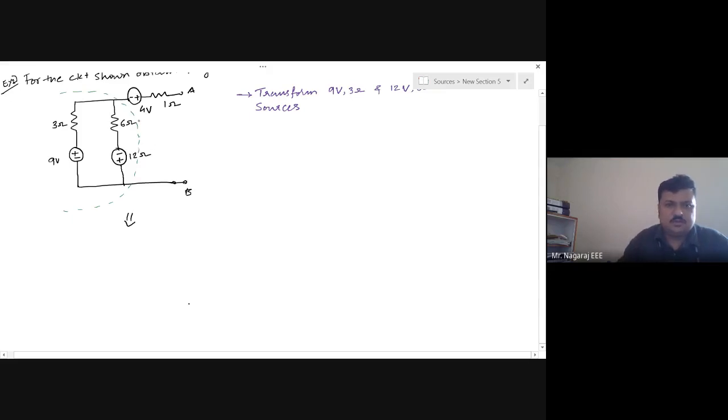I will keep this 4 volt 1 ohm as it is. Till the end we will keep it as it is. We will see what can be done with that at the end. So these two resistances will remain as they are, 3 ohm and 6 ohm.